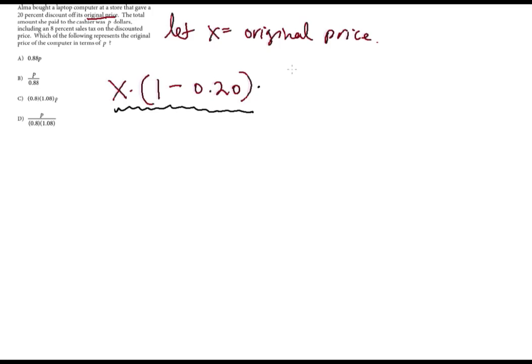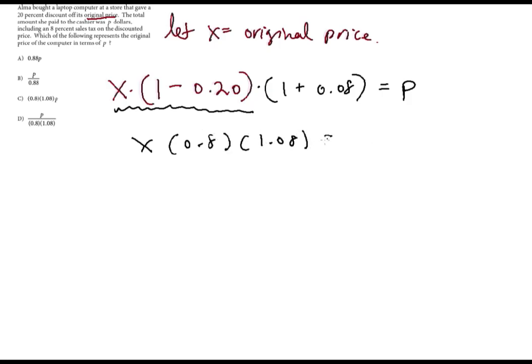So in order to incorporate that 8% sales tax and find the new value after the tax, you're going to do 1 plus, because it's a markup, 0.08. And that's the total amount she paid to the cashier, P dollars. So that's what P is. So if you simplify this, you get 0.8 here, and you get 1.08, equals P.